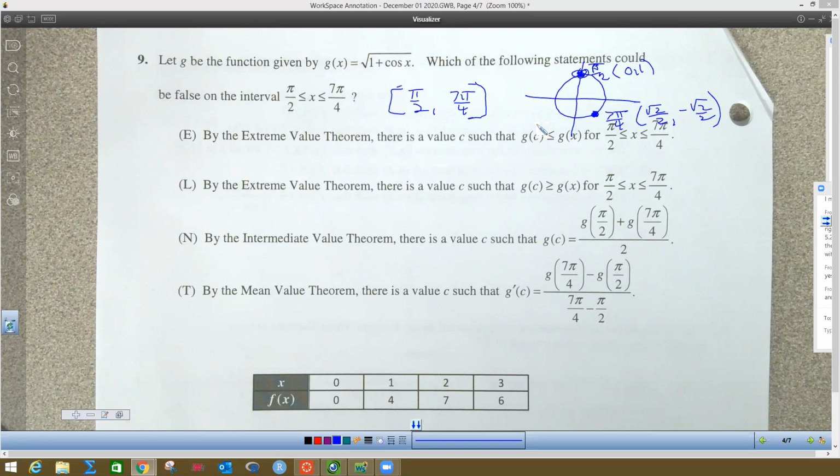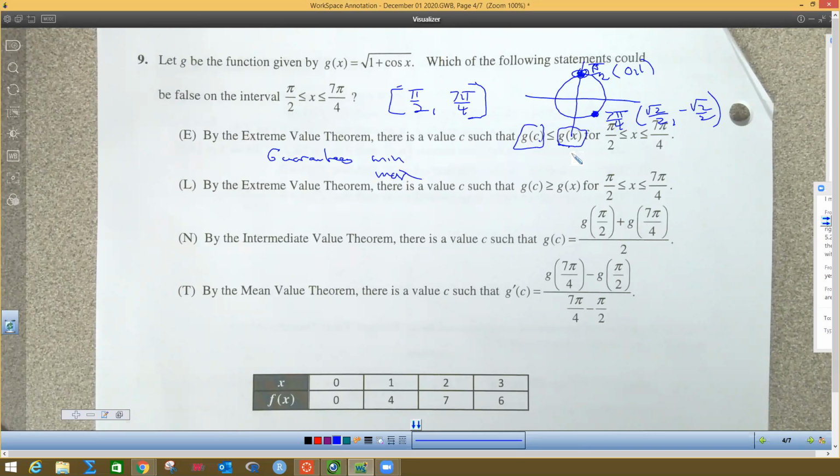Is that telling me there's some value I plug a c into that is guaranteed to be less than or equal to everything here? Does extreme value tell us this? No. We said the extreme value theorem guarantees that we have a minimum value and a maximum value.